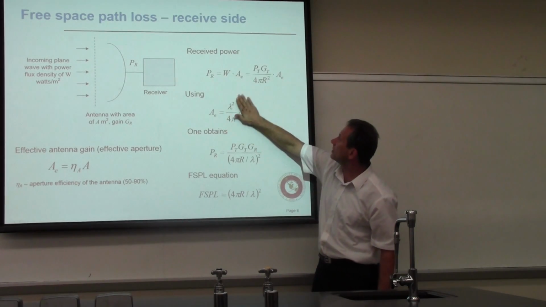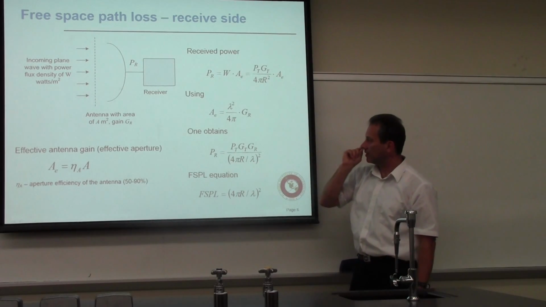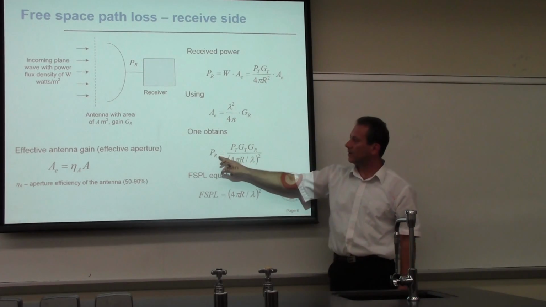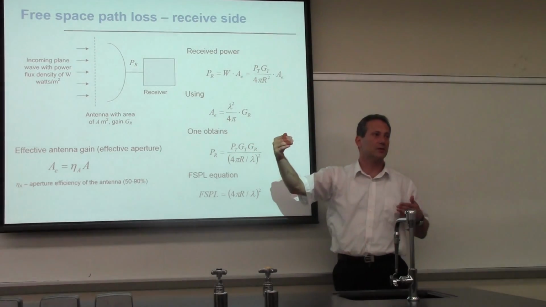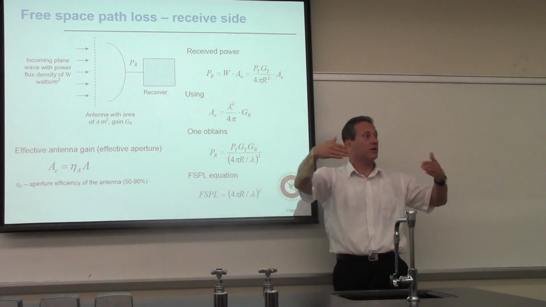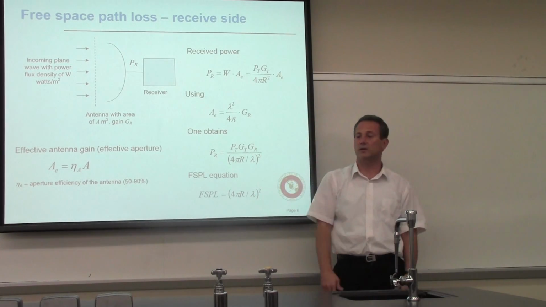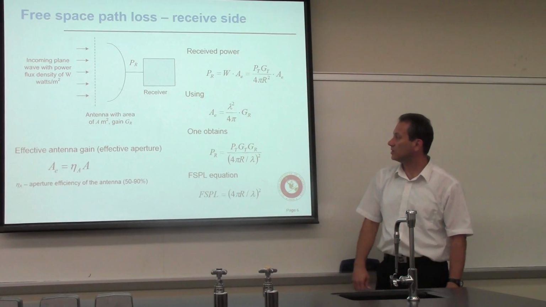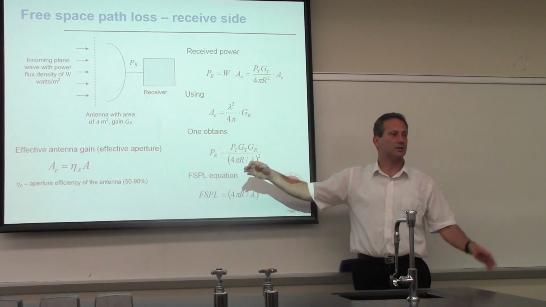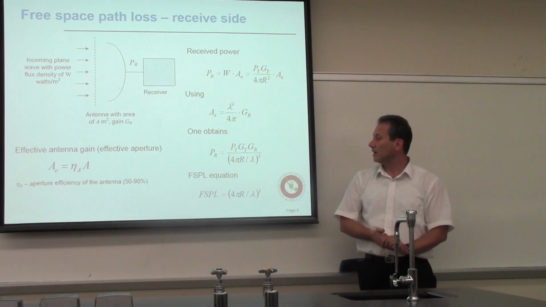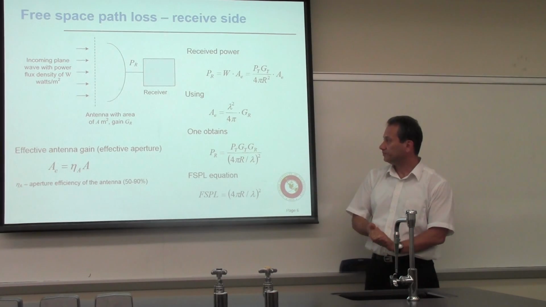If you take this expression and put it in the first one, you end up with this very elegant formula that says that the received power is proportional to the transmit power and the two gains, the gain of the transmit antenna and the gain of the receive antenna, pointing at each other, right? Not the maximum gains, because you can be mispointing, and in that case you have some sort of loss. And then downstairs you get 4 pi r over lambda. R is the separation between the two, and lambda is the wavelength that you use for propagation.